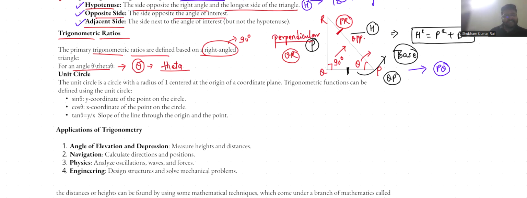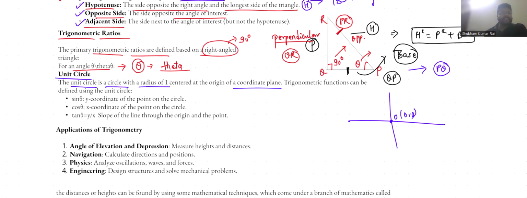So here you can see that it is the unit circle. The unit circle is a circle with radius 1 centered at the origin. As I told you, let's suppose this is our axis and the origin is O, that is 0, 0, right? We are just talking about the coordinate plane. So the trigonometric functions that we will be having are sine theta, cos theta, and tan theta.